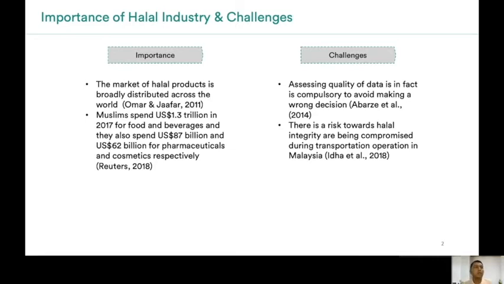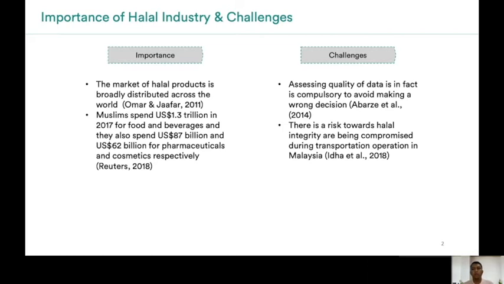And then also in 2018, Reuters made a report that Muslims spent around 1.3 trillion US dollars in 2017 for food and beverages, and they also spent 87 billion US dollars and 62 billion US dollars for pharmaceuticals and cosmetics respectively.